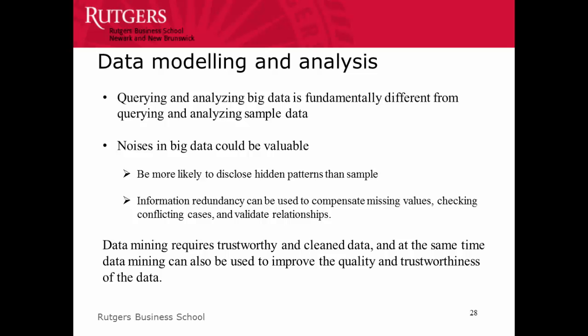And also, information redundancy can be used to compensate for missing values, check conflicting cases, and validate relationships. We can integrate information from different sources for the same thing and build a model that is comprehensive. Another important point that needs to be made is that data mining requires trustworthy and clean data, and at the same time, data mining can also be used to improve the quality and trustworthiness of the data.